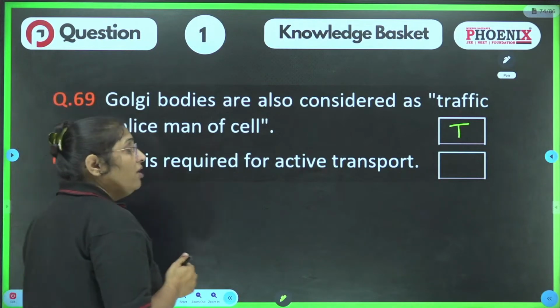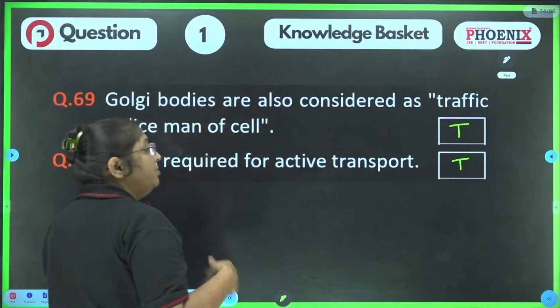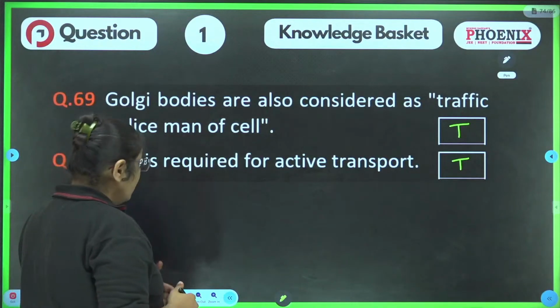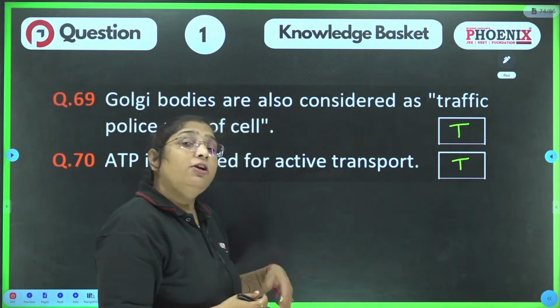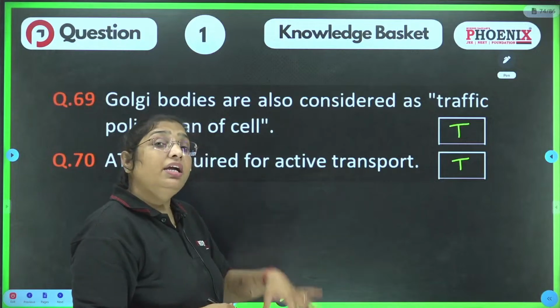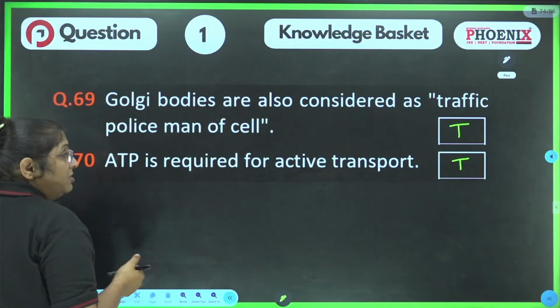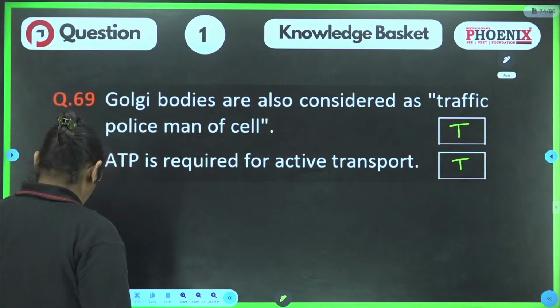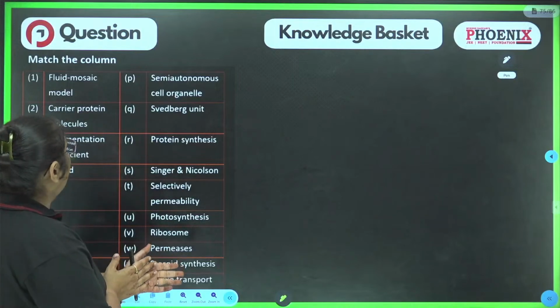ATP is required for active transport. Yes, if anything in the cell has to go against the concentration gradient, from inside to outside the cell, or from outside to inside the cell, then yes, ATP is required, which is termed as active transport. Now match the following.